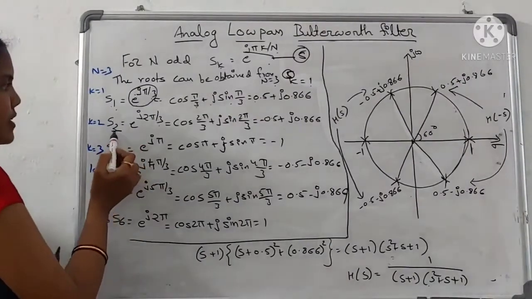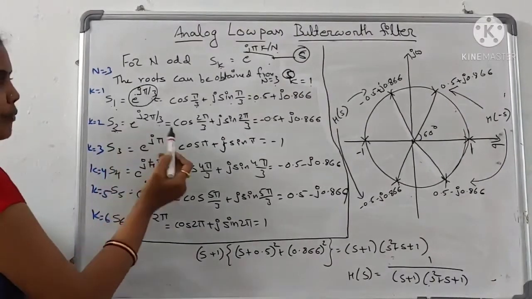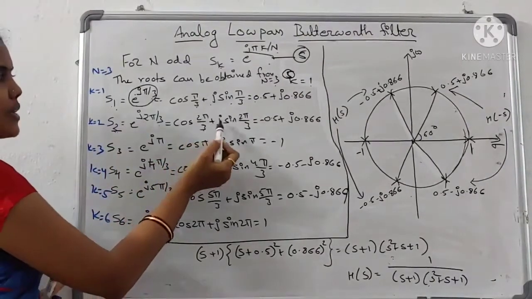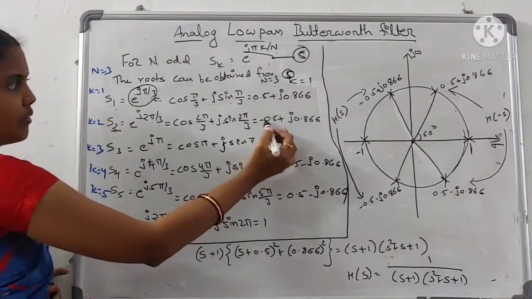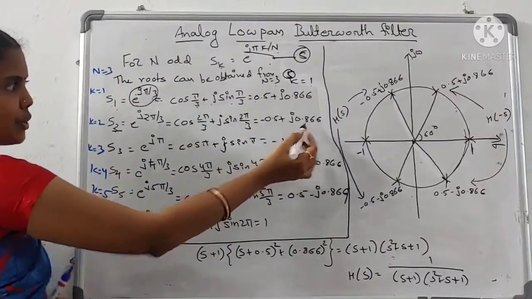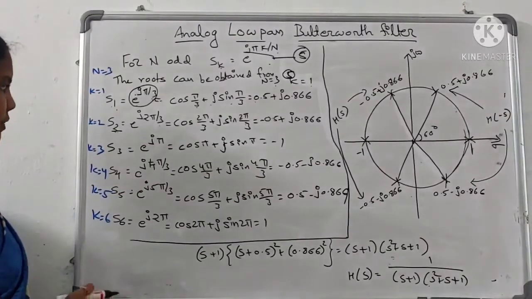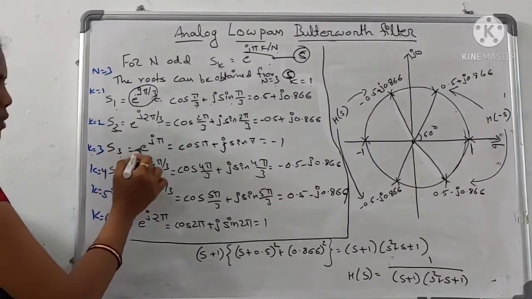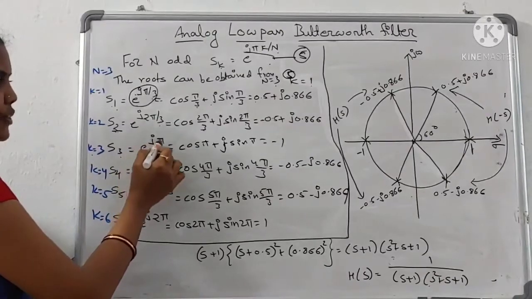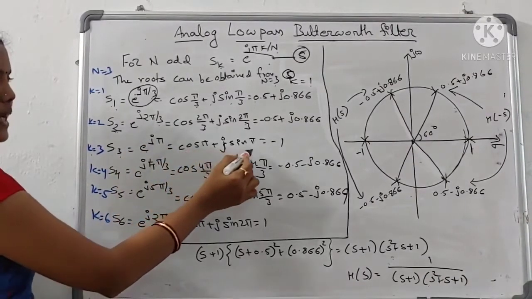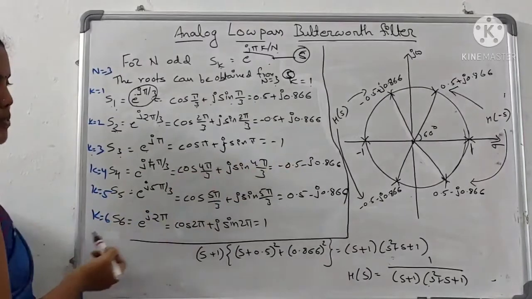Let us see for k is equal to 2, e power j 2 pi by 3. Now cos 2 pi by 3 plus j sin 2 pi by 3. So the value is minus 0.5 plus j 0.866. In the same way, for k is equal to 3, n is equal to 3, the value is e power j pi, cos pi plus j sin pi is equal to minus 1.